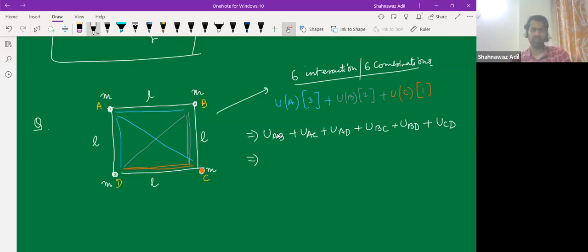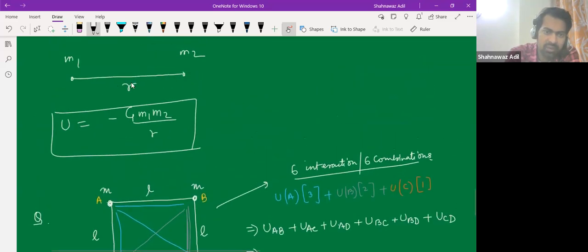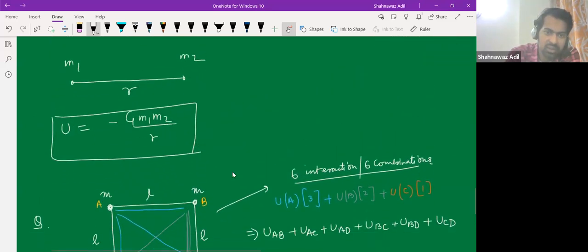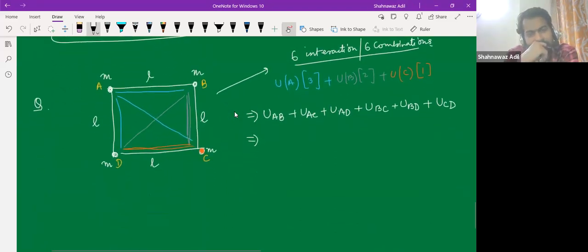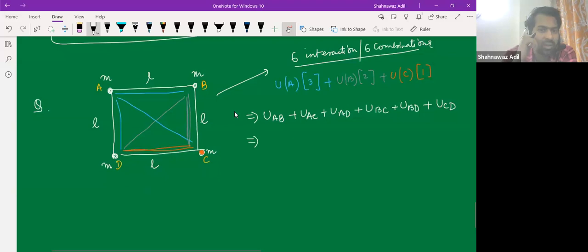Masses are M, M, separation is L. This we already know, right? What is m1 here?